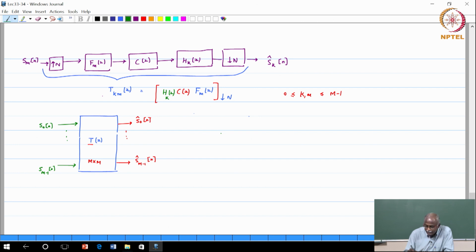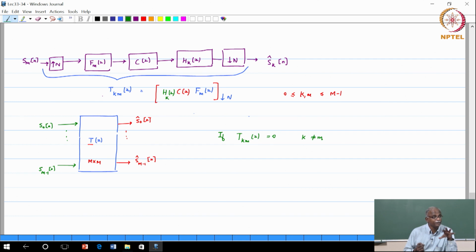What does it mean if I write down the following condition? If T k m of z equals 0 for k not equal to m. That means I get a diagonal matrix. Diagonal matrix means S naught hat depends only on S naught, S m hat depends only on S m, and so on. So, what have I eliminated? Inter subchannel interference is eliminated.